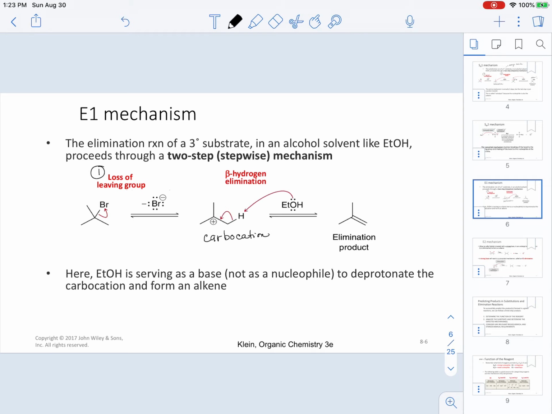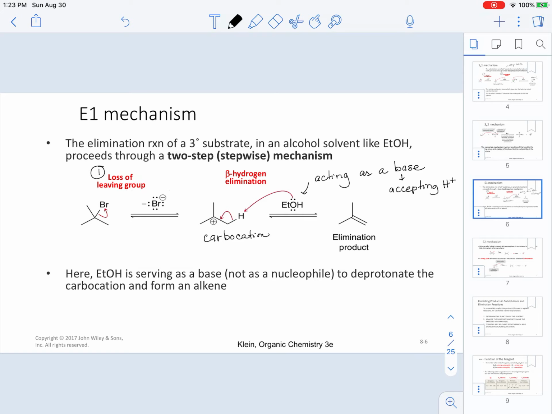Now, since we have this formation of the carbocation, remember, in this case, our nucleophile is going to be acting as a base. And remember, bases, as I just mentioned a few moments ago, are going to be accepting protons.